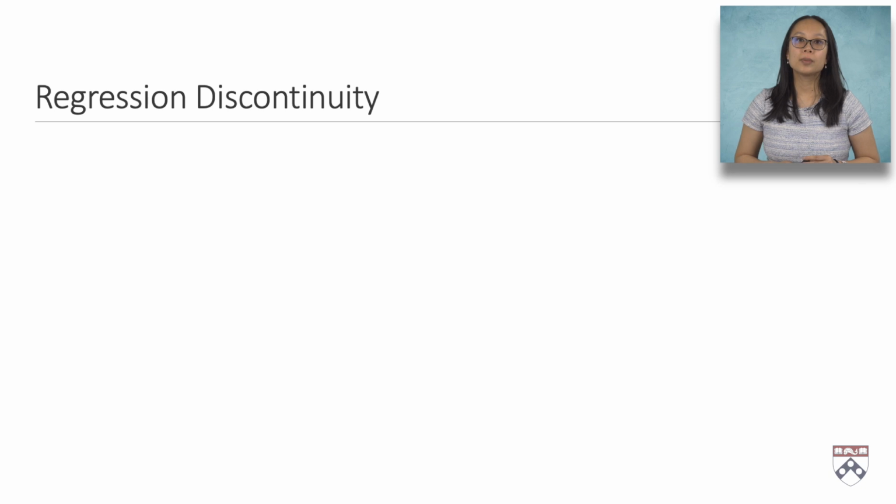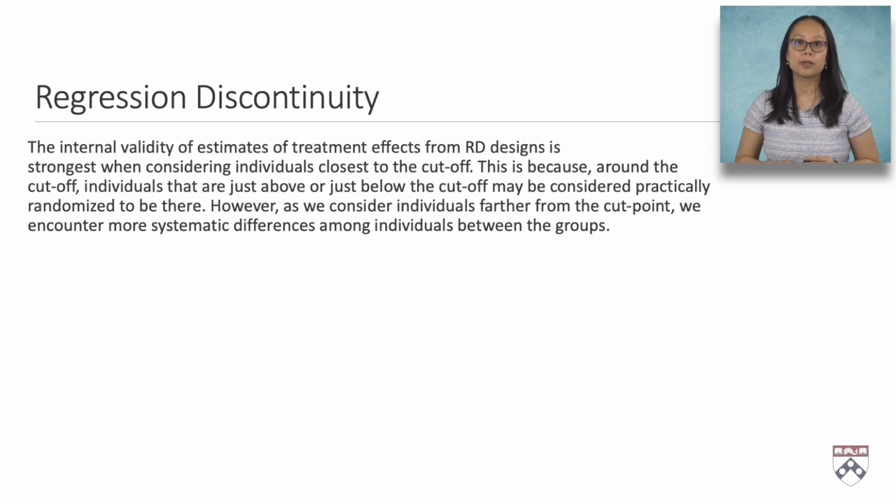And finally, the internal validity of estimates of treatment effects from RD designs is strongest when considering individuals closest to the cutoff. And this is because around the cutoff, individuals that are just above or just below the cutoff are pretty much considered practically random to be there. But again, as I said, as we consider individuals farther from the cutoff, we do encounter more systematic differences among individuals between the groups.